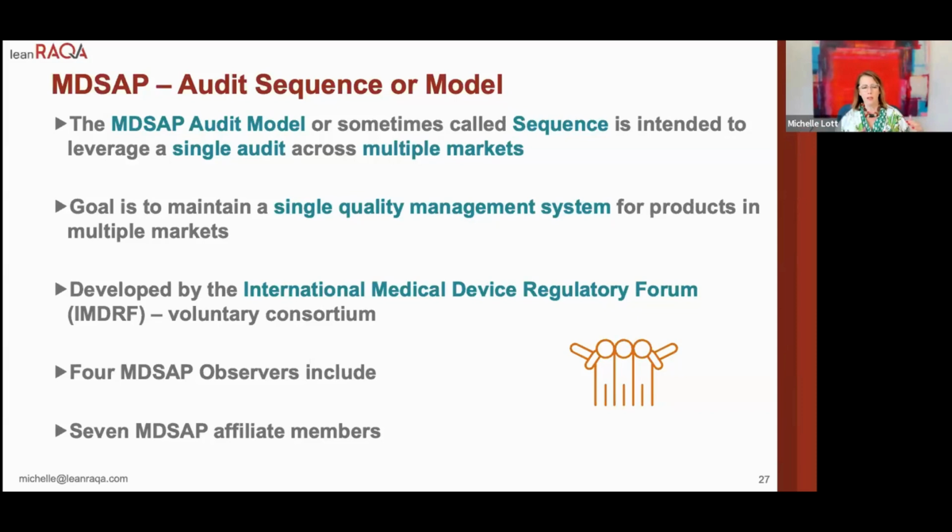Every country in either the observer or affiliate category might have different rules or criteria about if they're going to accept the MDSAP certificate, and how they're going to do it. So it's going to be really interesting to see as it continues to roll out, as the QMSR continues to roll out, how it's going to impact members, observers, and affiliates.